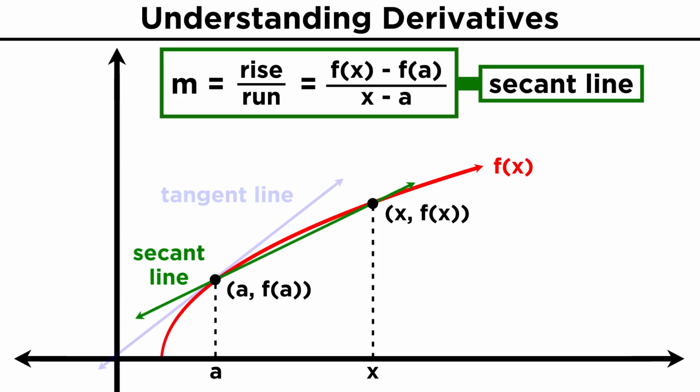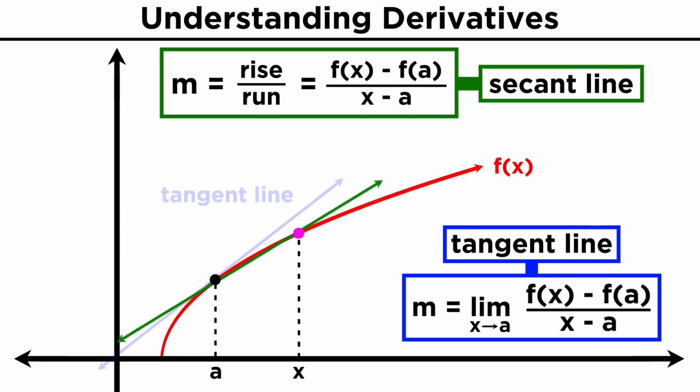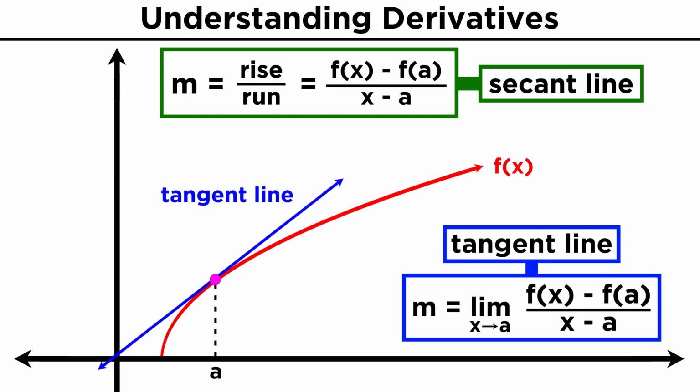As we said, the slope of this line, which we can call the secant line, is rise over run, so f of x minus f of a over x minus a. Then we can allow point x to approach point a, and we said that the slope of the tangent line will be the slope of this secant line in the limit of x approaching a.